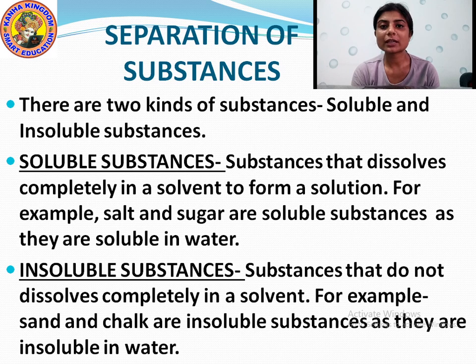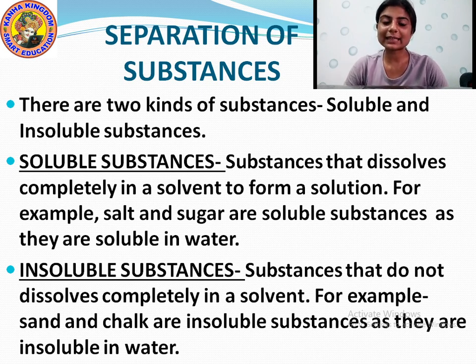Can you differentiate the water and salt or sugar if it is dissolved in the water? No, we cannot separate it. So these are called soluble substances. It can be dissolved in water, that is why salt and sugar are called soluble substances.